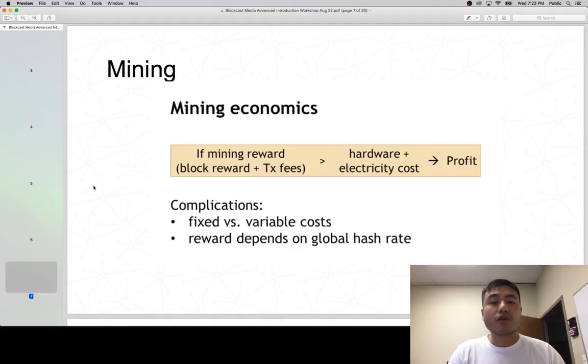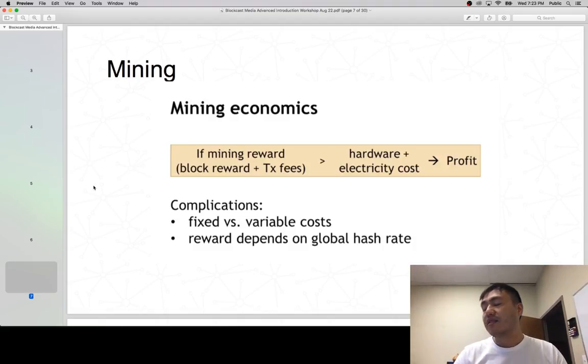So as a cryptocurrency miner, let's just say Bitcoin, the mining economics is pretty simple. You want to be able to make a profit on putting resources to help the network function. So if your mining reward is greater than the cost of the hardware itself and the electricity costs, it's definitely worth it for you to join the mining network.